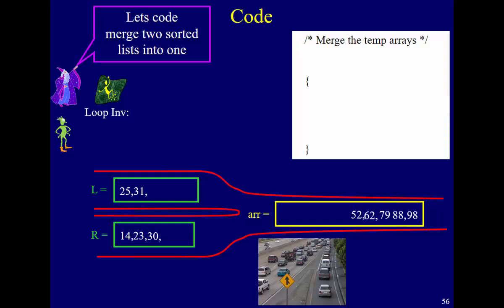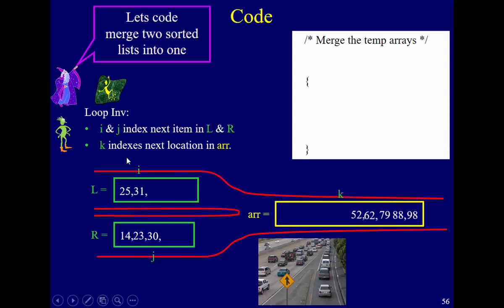And so we need to know what the picture looks like, and we have to remember our places. So where do we need fingers? We need a finger to remember the top of this list, a finger to remember the top of this list, and a finger to remember where the next number goes. So that's what i, j, and k are doing.